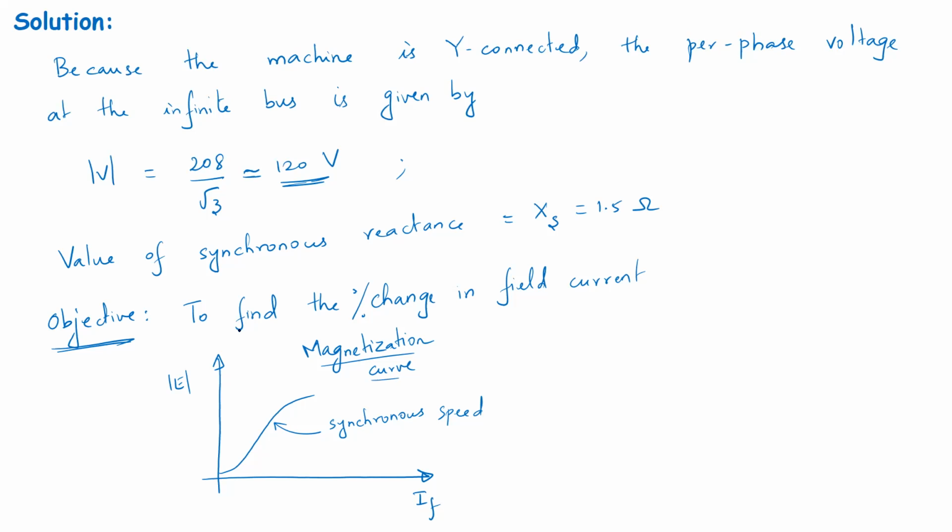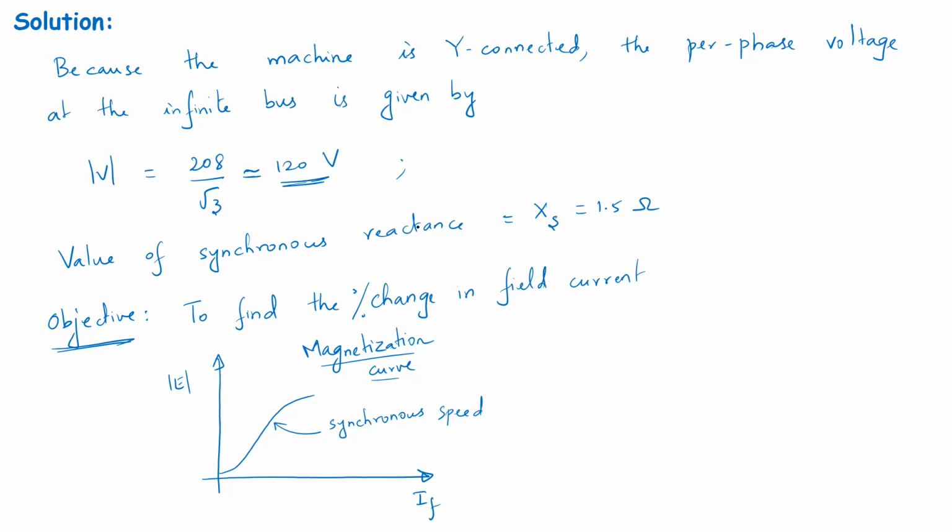So even though the problem statement asks to find the percentage change in field current, because I know that the machine's speed will not change, I can synthesize from the magnetization curve of the machine, for a fixed speed, that the percentage change in field current should be equal to the percentage change in excitation EMF. Now this is based on one simplifying assumption.